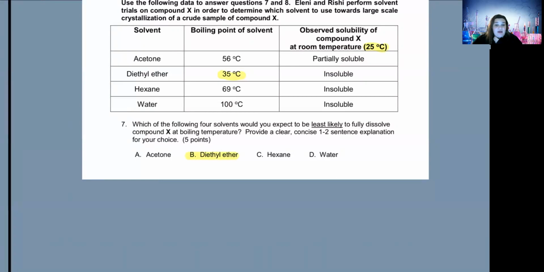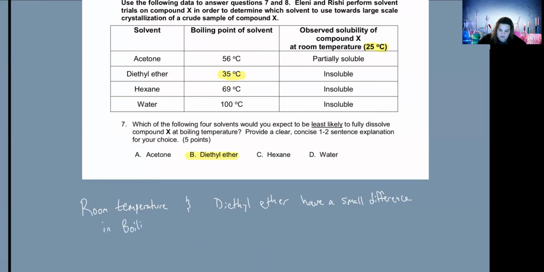Okay, and let's explain why. So because the room temperature and diethyl ether have a small difference in boiling point, we don't expect to see any differences.